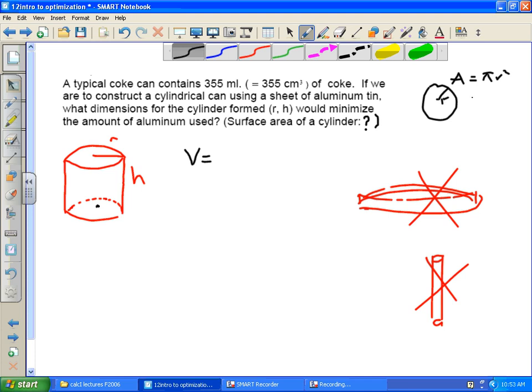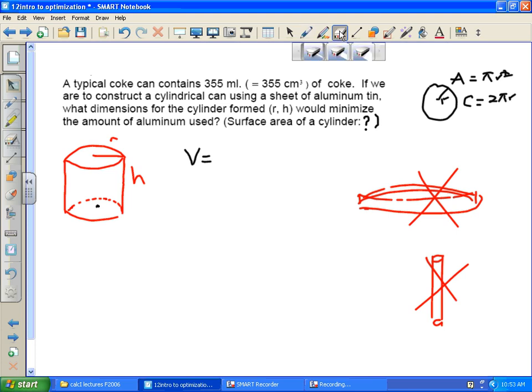And also, what is the circumference of a circle? 2 pi r. If you have forgotten, please make sure you review that. It will come up a lot in this section. Area is pi r squared, circumference is 2 pi r. For this question, to find the volume, you want the area of the base times the height. Area of the base is pi r squared.